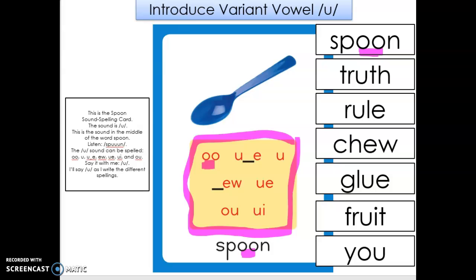Now we have U blank E, like you see in the word rule. We have U, like you see in the word truth. We have EW, like you see in the word chew. UE, like in the word glue. OU, like in the word you. And UI, like in the word fruit.